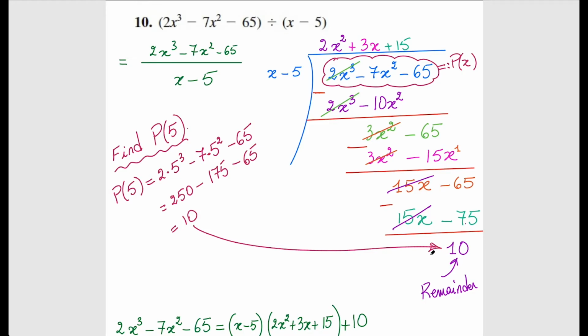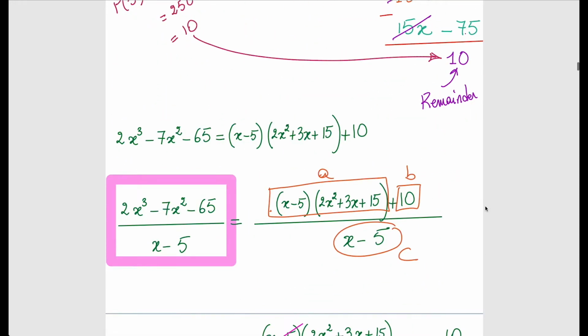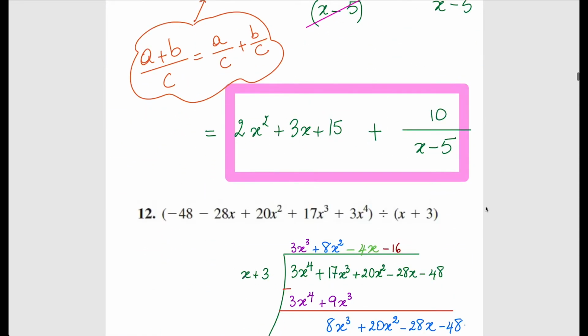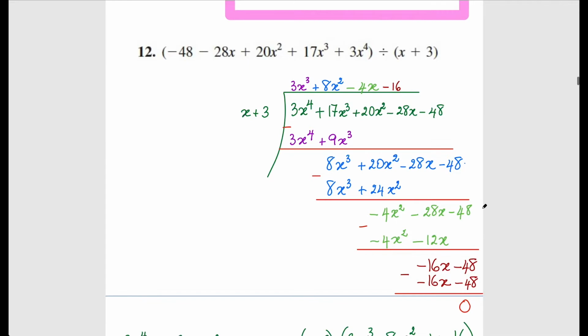Alright. Is this a coincidence? Well, let's try it for the other one. How about we call this guy p of x again? Let me change the color here. So I call this entity p of x, which is the dividend, right?